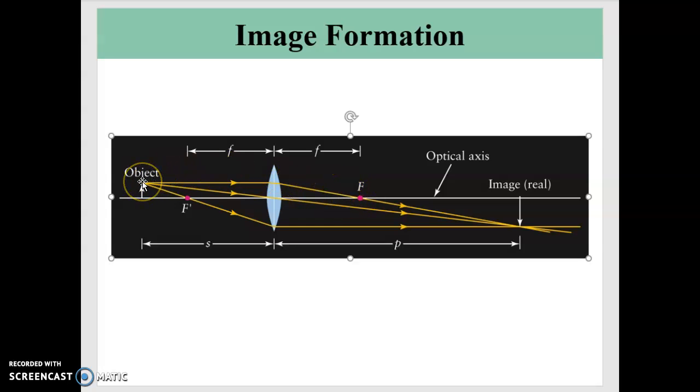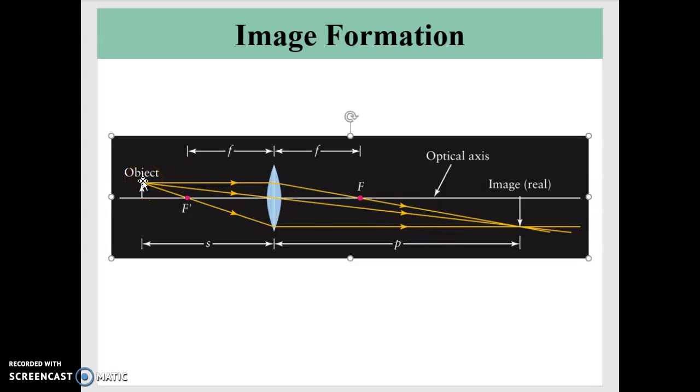A second beam can be emitted from my object, and if that beam has the particular path where it moves through the center of the optical axis, so it hits the center of the lens where it crosses the optical axis, it goes right through the lens, and it is unrefracted. This particular beam does not get bent, and it just continues straight through.